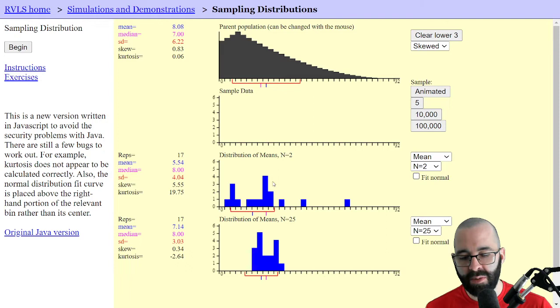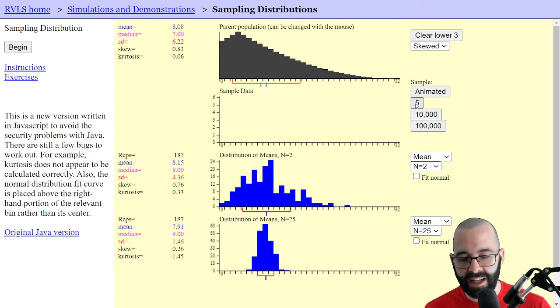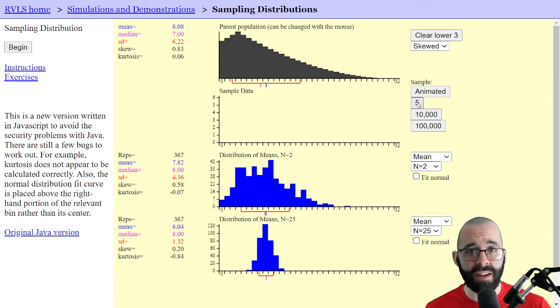Up here is asking 2 people. Up here is asking 25 people. Let's do a whole bunch of 5s and see how this behaves. You can see, yes, when we're only asking 2 professors, there's a lot more variability. There's a way different number of averages.